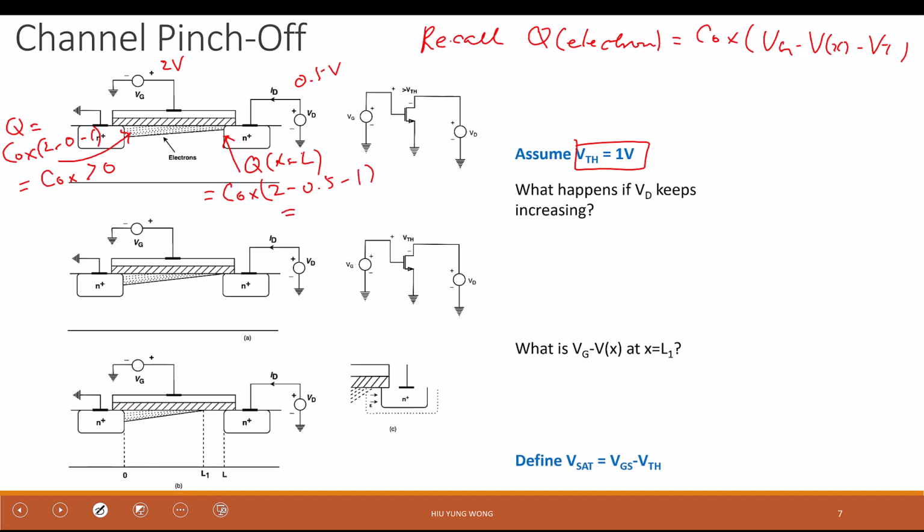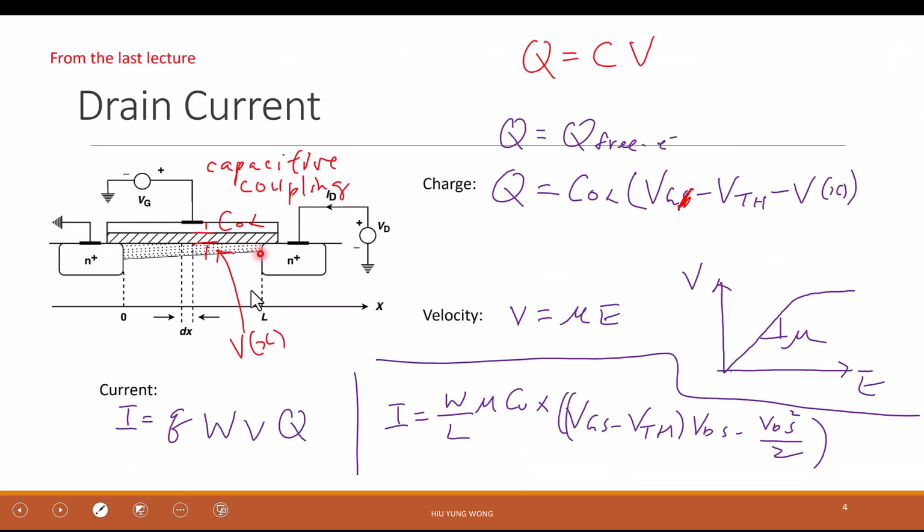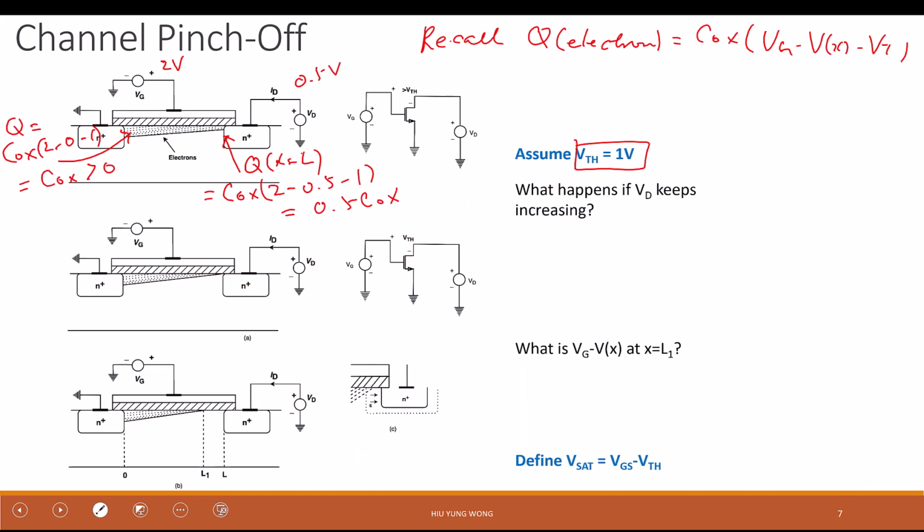So at this point, I have about 0.5 C ox. This has 1 C ox, so I have less electron here. No surprise. We studied that last time. Remember, the channel potential keeps increasing, and the charge keeps reducing as you go from the source to the drain.